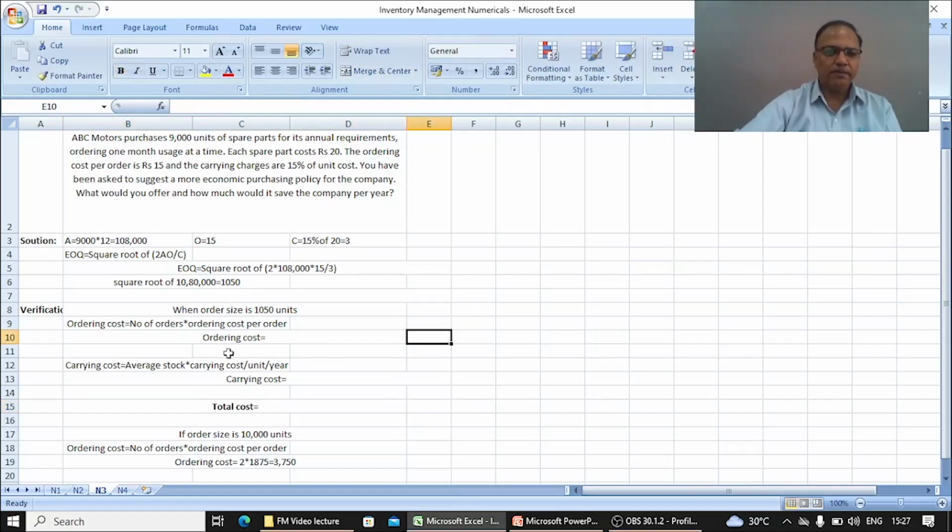Now let's find out. Ordering cost is equal to number of orders. Here, economic order quantity is suggesting you 1050 units at a time.